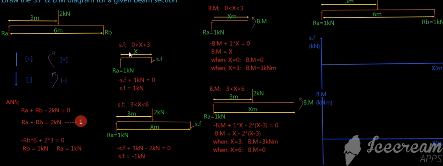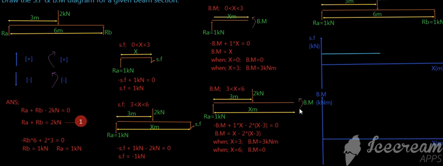Here you can see the length between 0 to 3 meter. Along the beam section, the shear force is a constant value. It is 1 kilonewton, so I can draw like this. According to my second range, the length between 3 to 6 meter along the beam, it is a constant value, so it is minus 1 kilonewton.